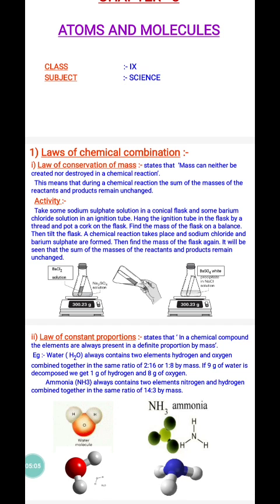What are the ingredients I used? They are called reactants. What are the substances I created newly? They are the products. Mass of reactants is always equal to mass of products. That is the first law. Okay, moving to the second law.